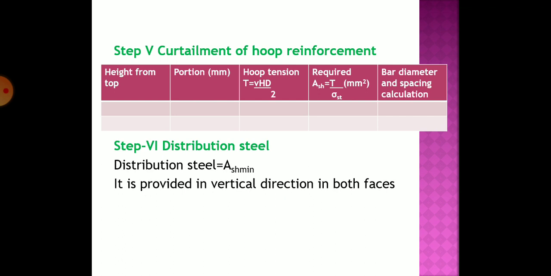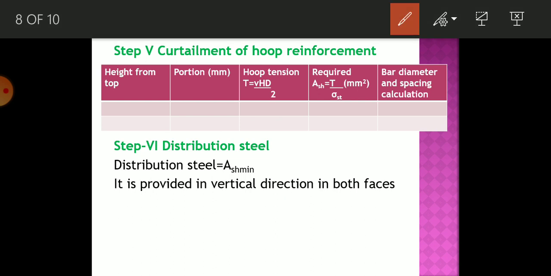So height from top you can take as 1 meter, so the portion will automatically be 1000 mm. Hoop tension we can determine by using this formula, half of gamma H D. Then ASH required we can determine from T by sigma st, that is the value in column number 3 divided by sigma st, and bar diameter and spacing we can determine.